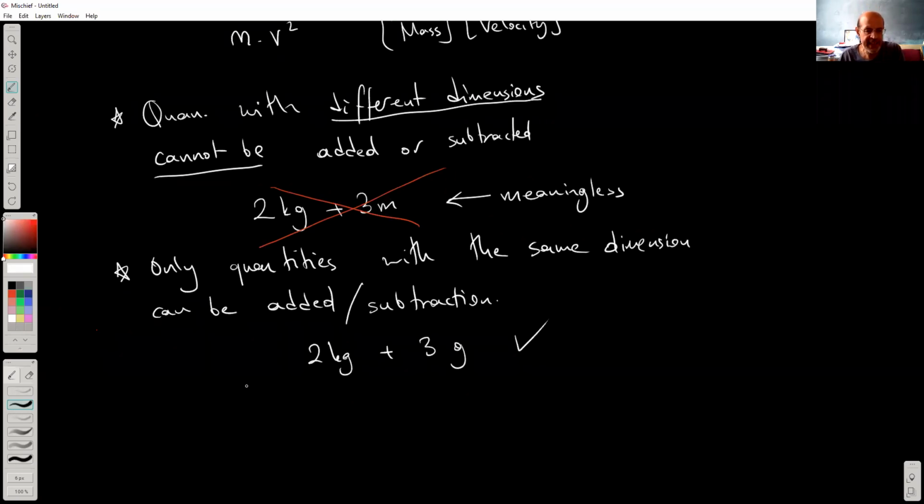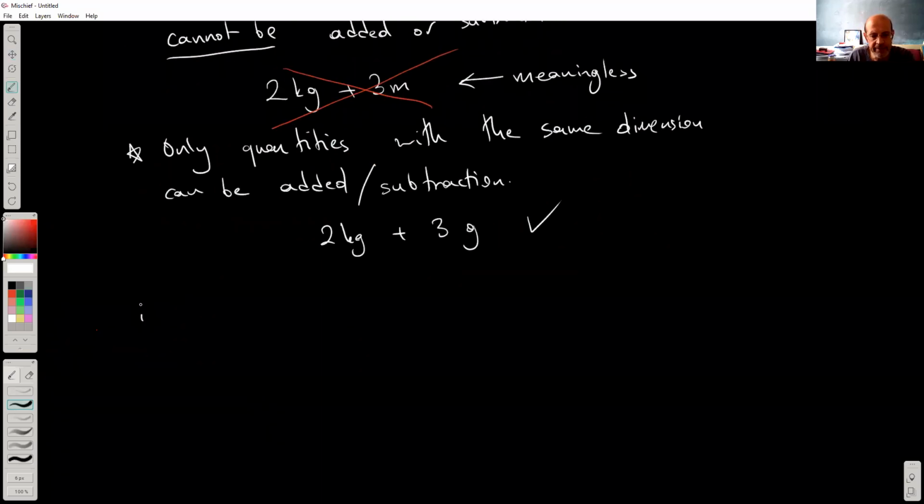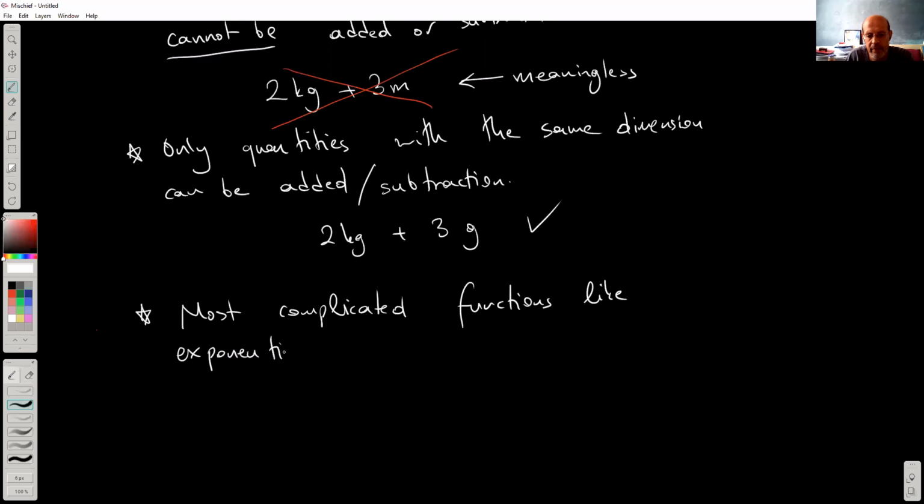Okay, so this then gives us this idea in here. So think about complicated functions, like exponential, logarithm.